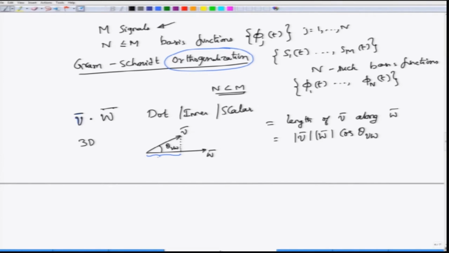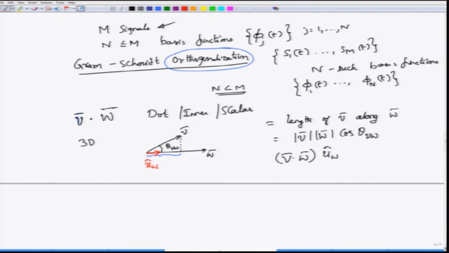If I want to find the vector component of v along w, then I have to take this dot product, which is this number, and multiply it by the unit vector along the w axis, right. So, this orange one is my unit vector along the w axis.